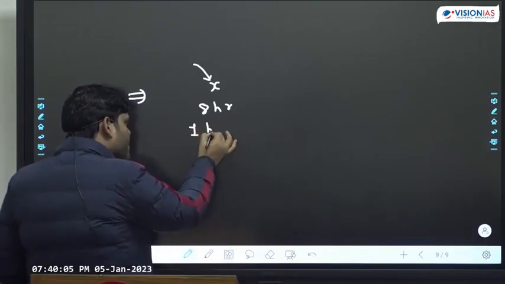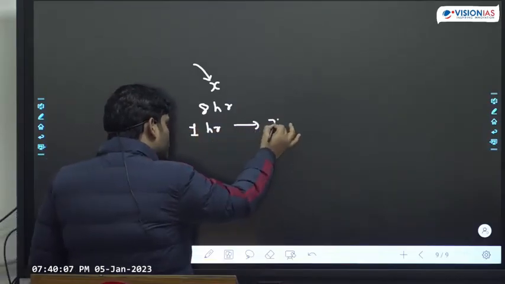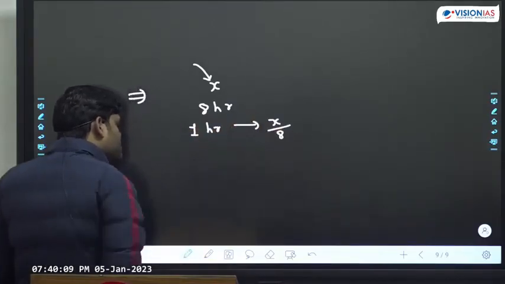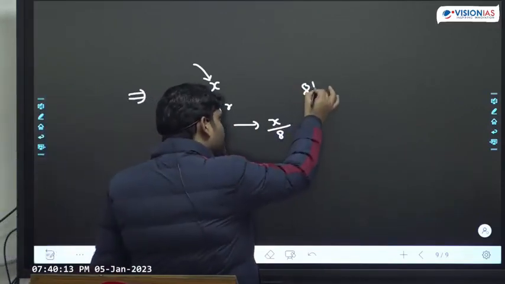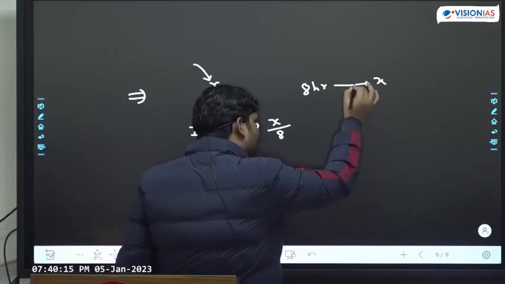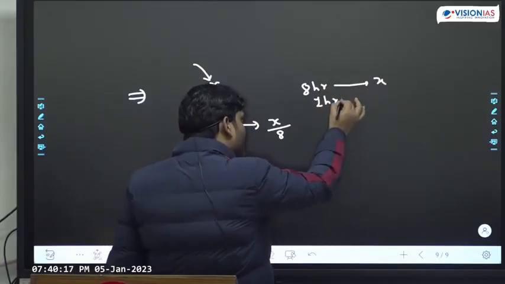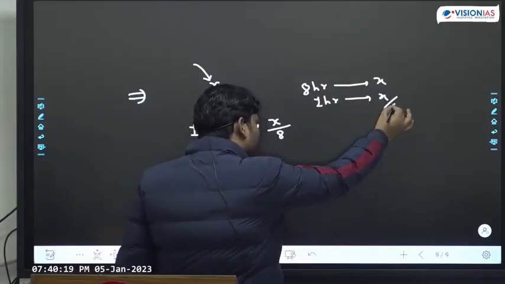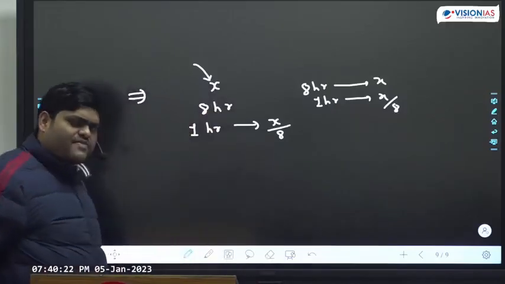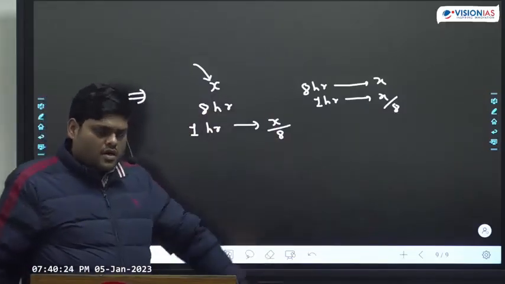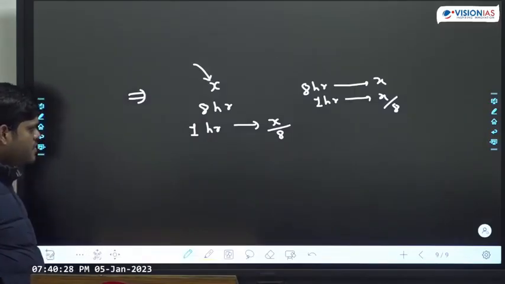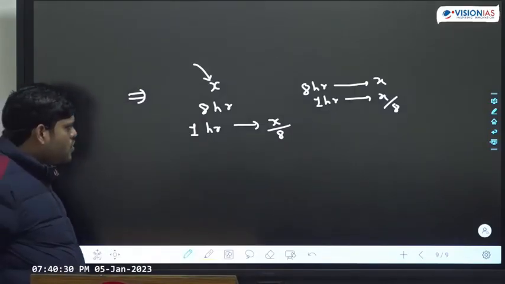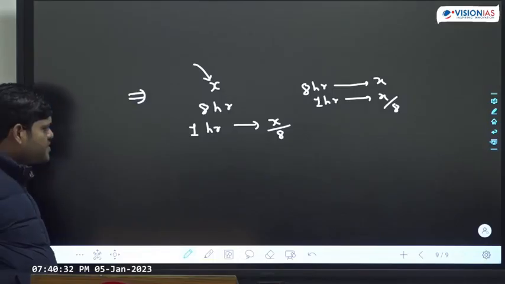So in 1 hour, how much will it consume? X by 8. If X is consumed in 8 hours, then in 1 hour X by 8 is consumed. I'm trying with X, without options. Can we do it this way? So how much will be left?